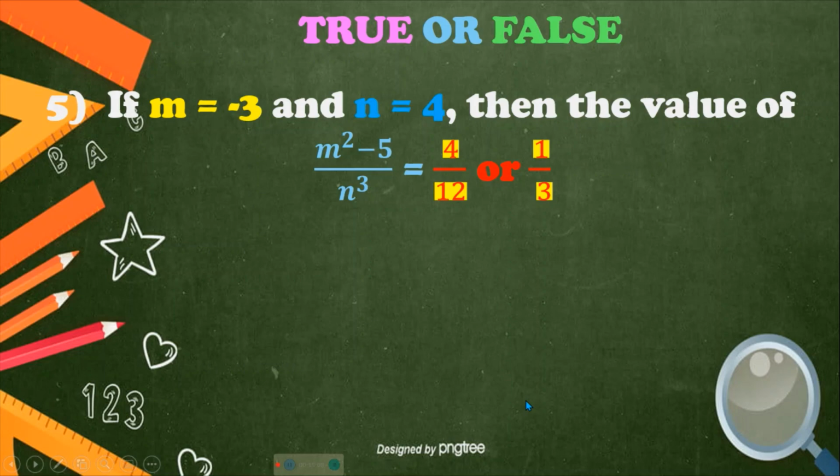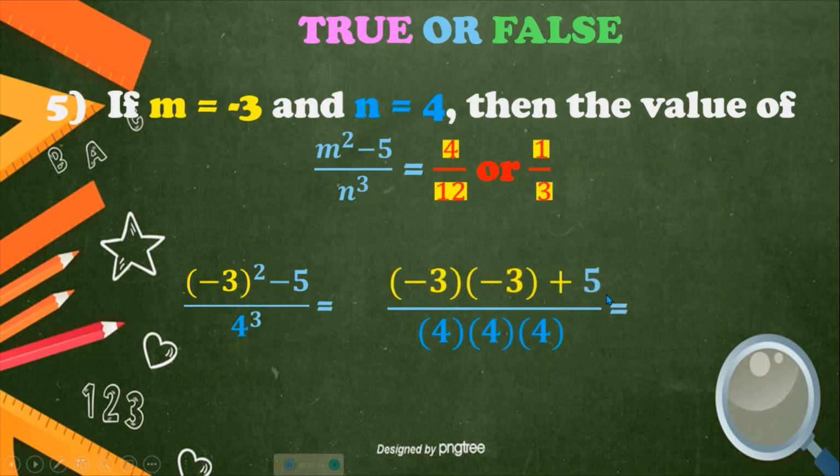Okay, number 5. If m is equal to negative 3 and n is equal to 4, then the value of m squared minus 5 over n cubed is equal to 4 over 12 or 1/3. So we will check. So we will substitute the value of m and the value of n. So negative 3 squared minus 5 over 4 cubed.